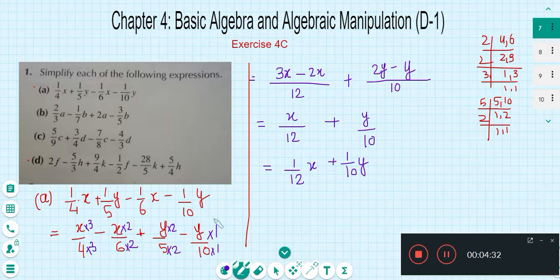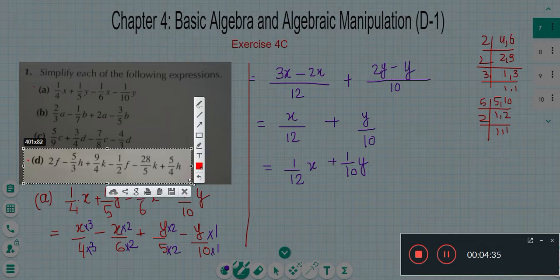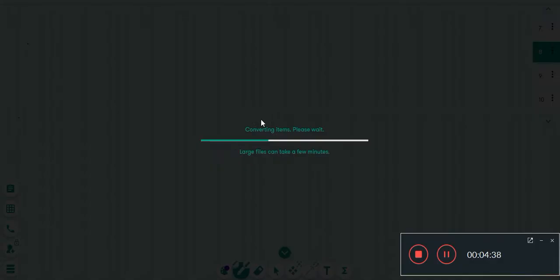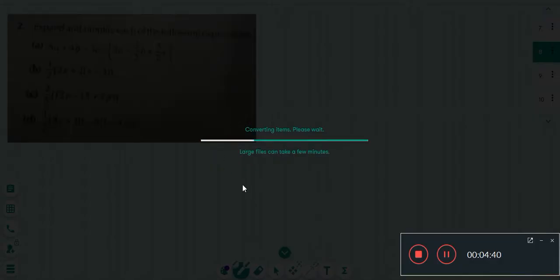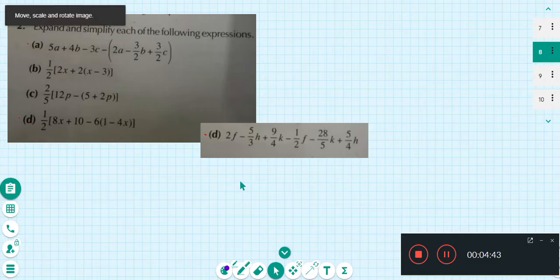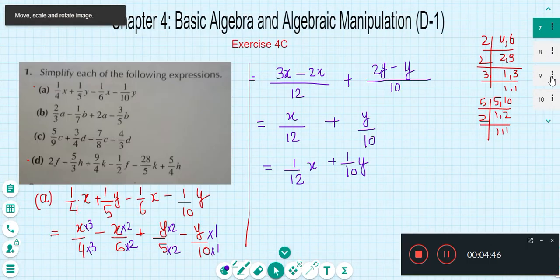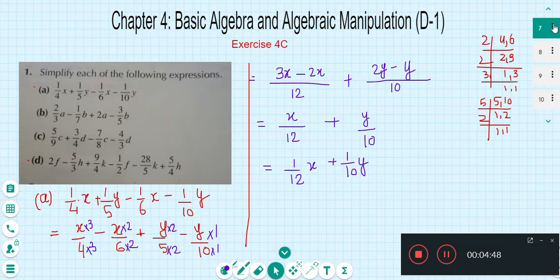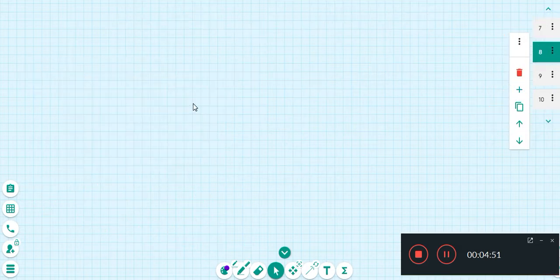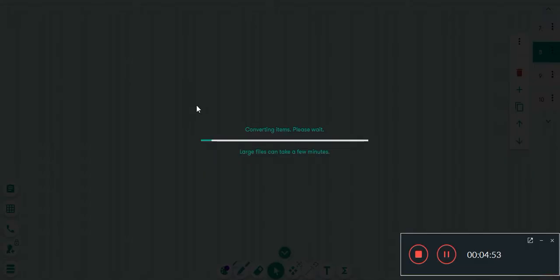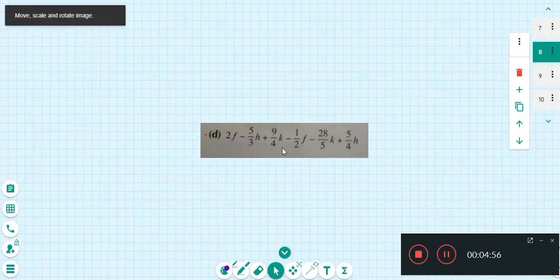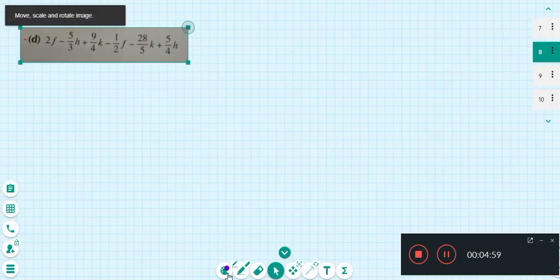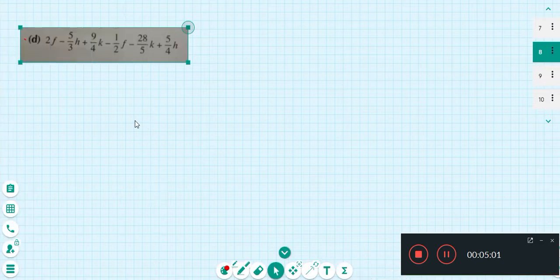Alright, next question, part D. So this is part D. In this part we have f, h, k. So f terms, h terms and k terms.